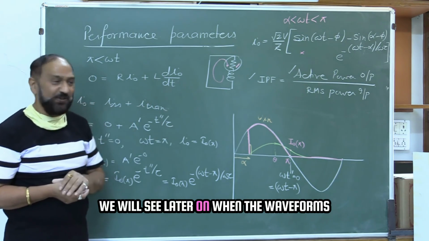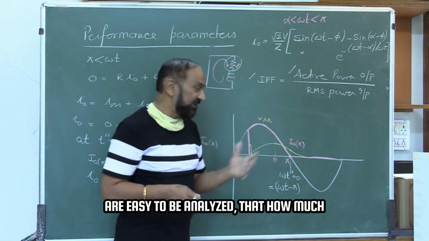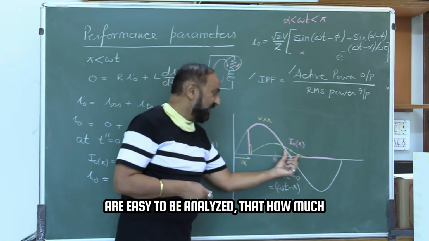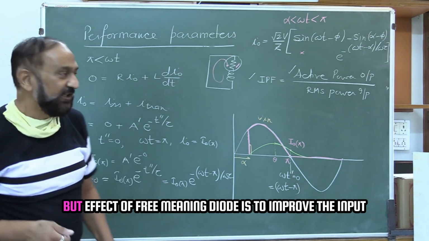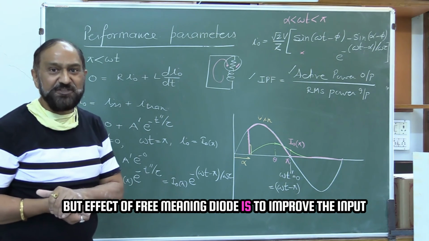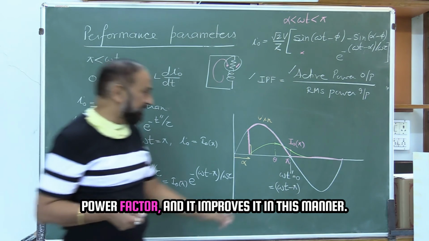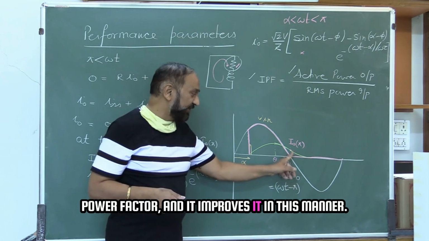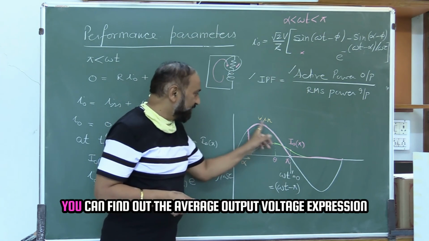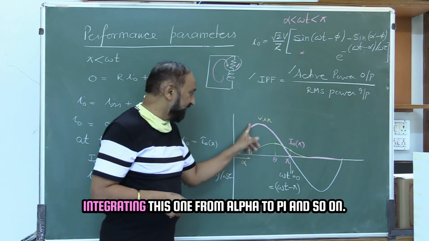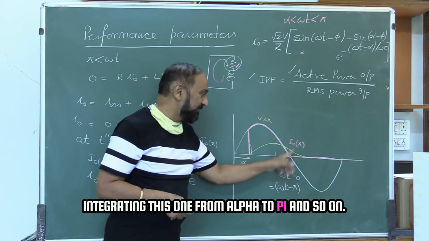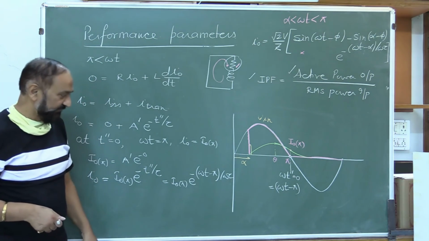Mathematically we'll see later on when the waveforms are easy to be analyzed how much improvement there is in the power factor. But the effect of the freewheeling diode is to improve the input power factor, and it improves it in this manner. You can find out the average output voltage expression by integrating this one from alpha to pi and so on.